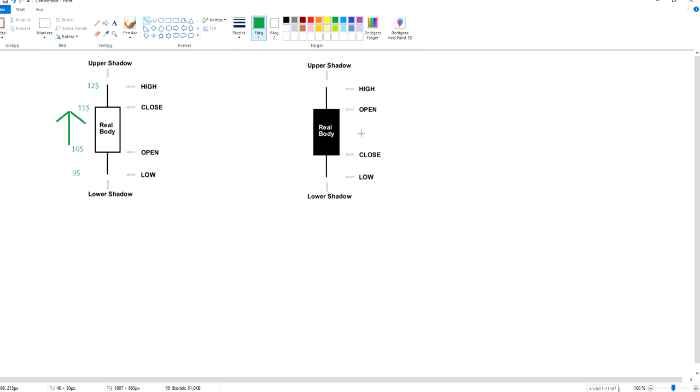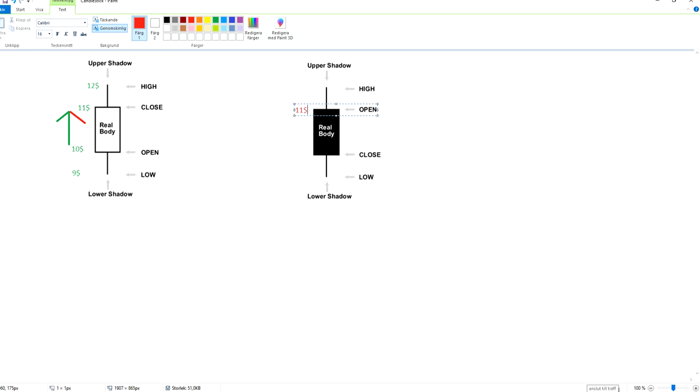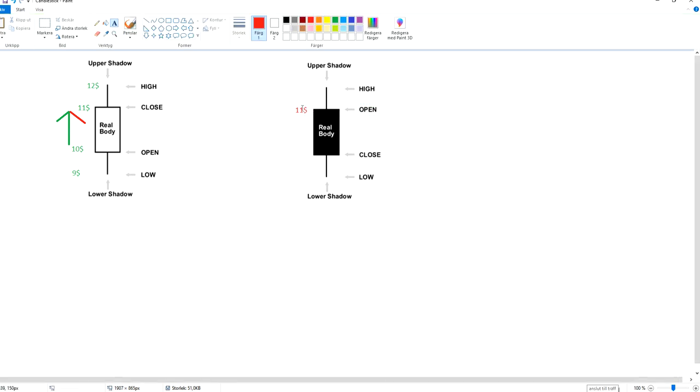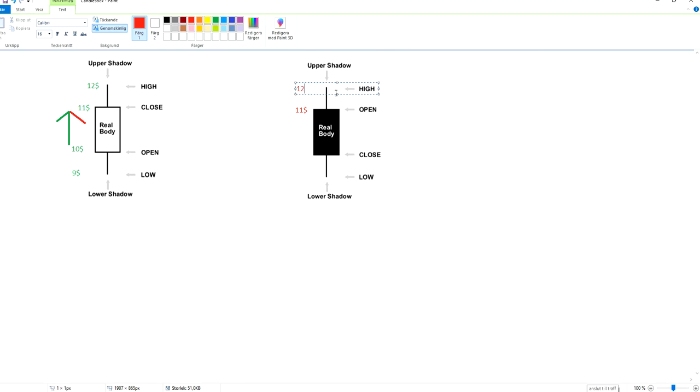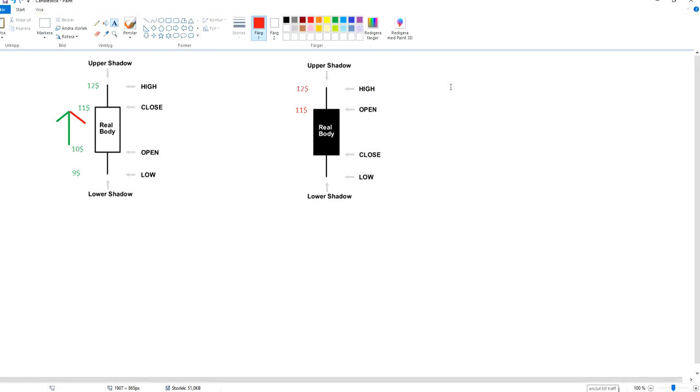So if you look at the other candlestick that represents a fall in price, let's change color. It opened at $11. It also went up to $12. So it's going up in price. This is the highest level it came to during this trading session.